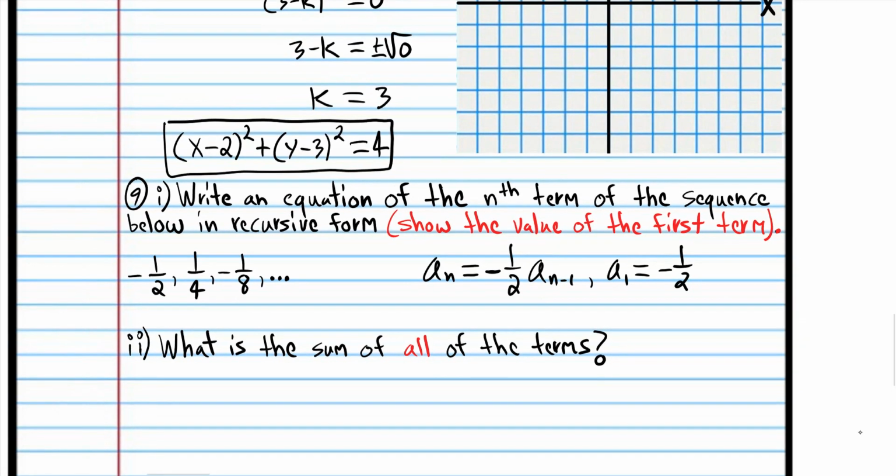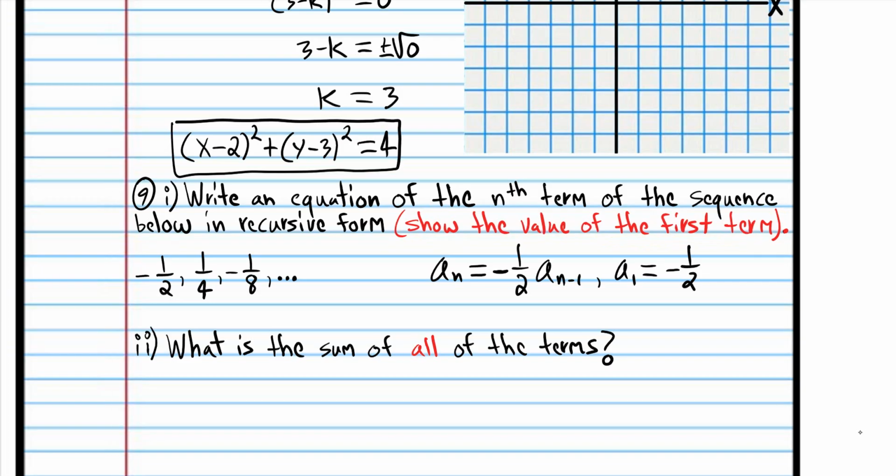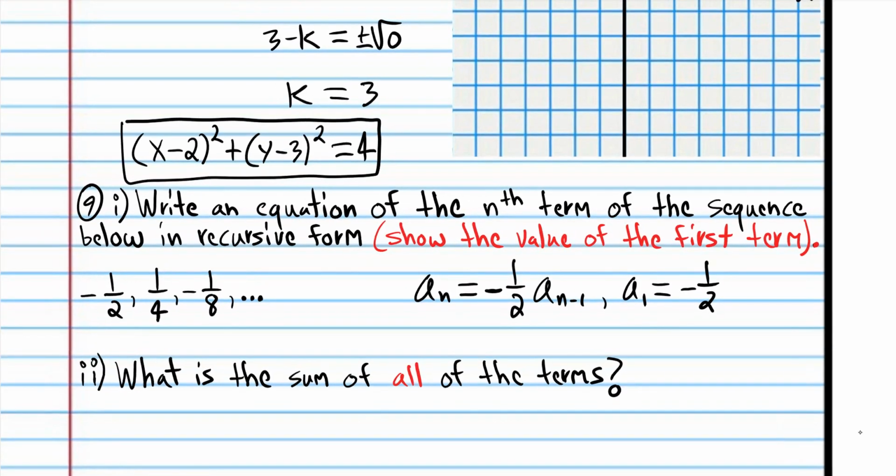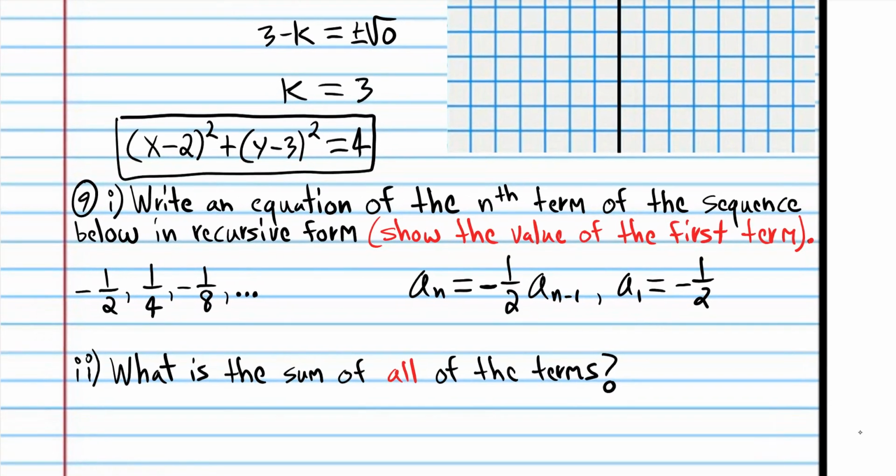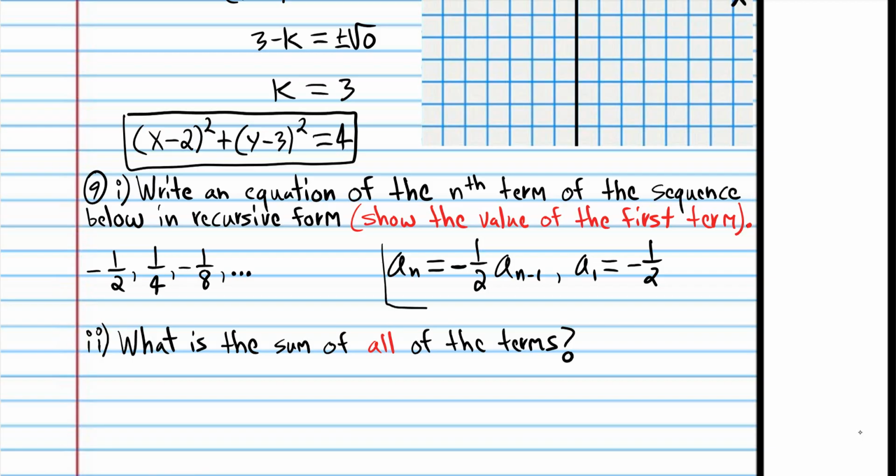The reason I did that is because it tells us specifically the value of the first term. So that's what we mean when we do that. You can write braces around that if you want. But if you just want to rectangle that, that's okay.